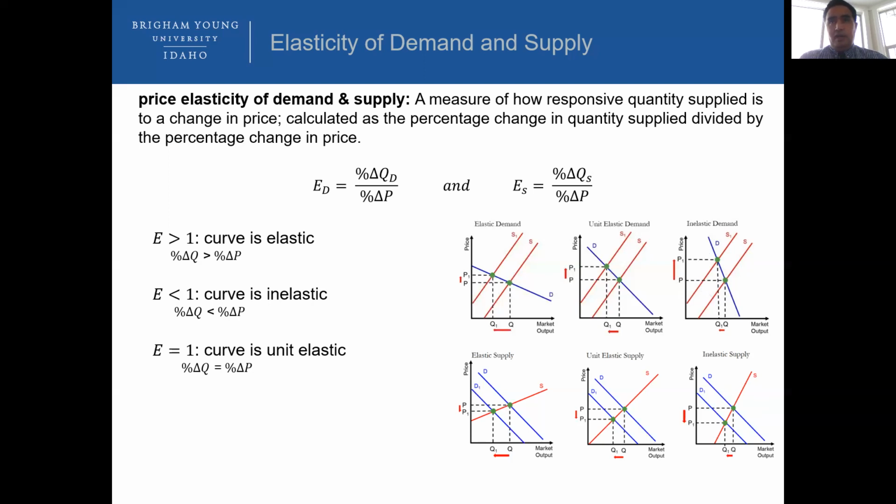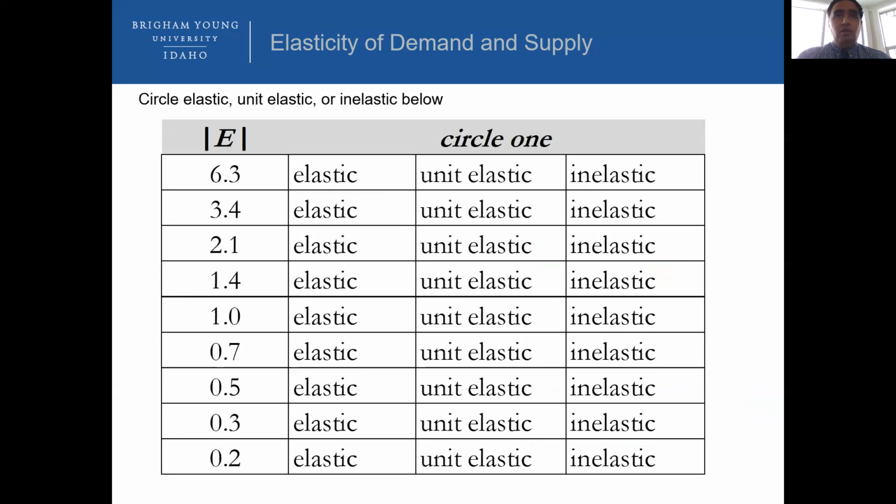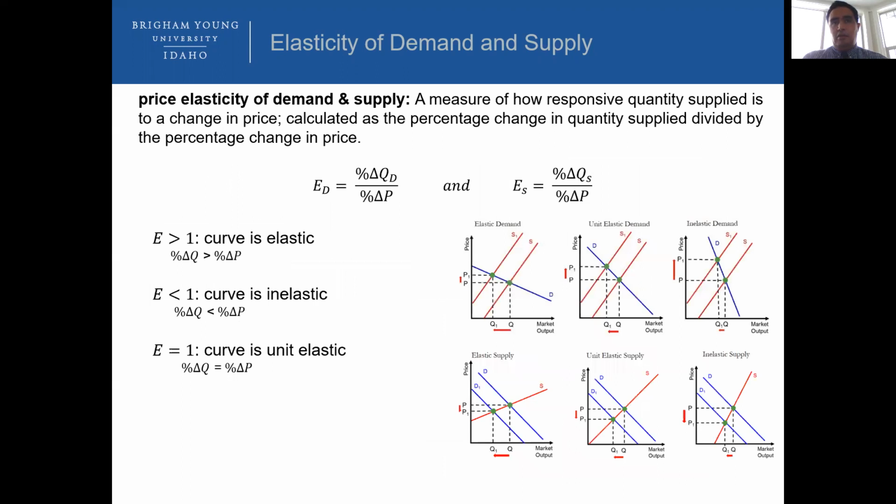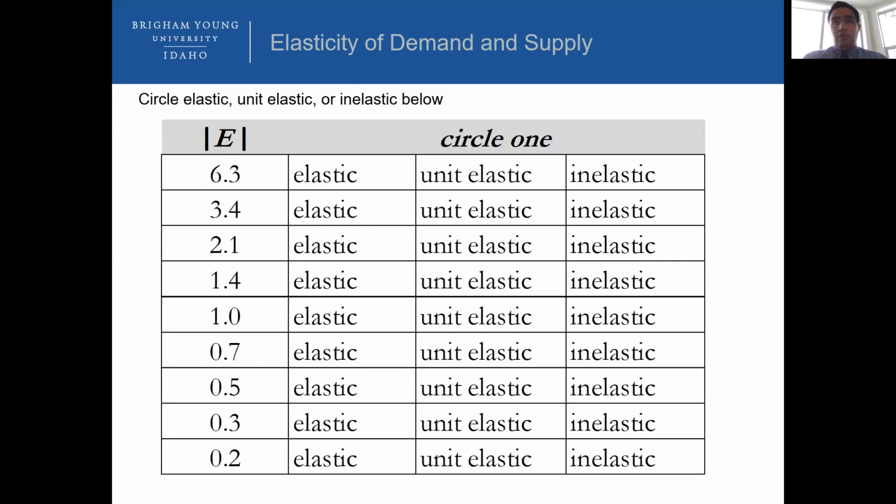So let's think about that as we move on to the next slide. We have this one where we circle elastic, unit elastic, or inelastic below. If you look at the previous note, you'll see that the first ones right here are all elastic. And where you have a value of 1, that's unit elastic.